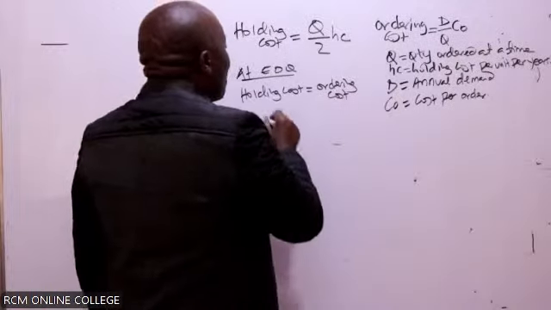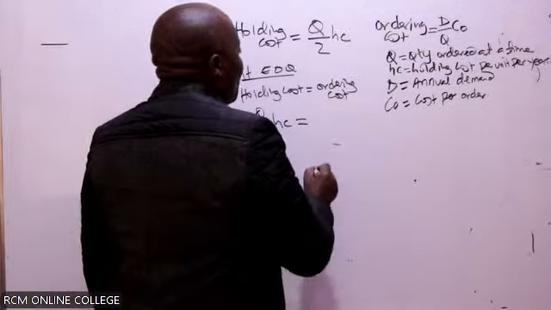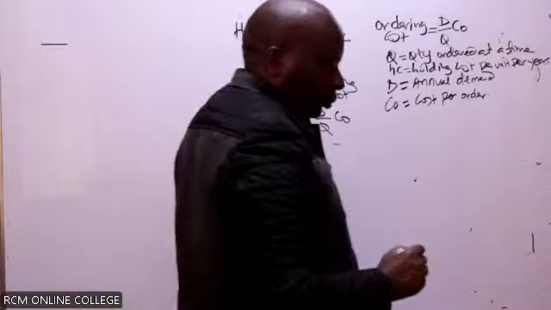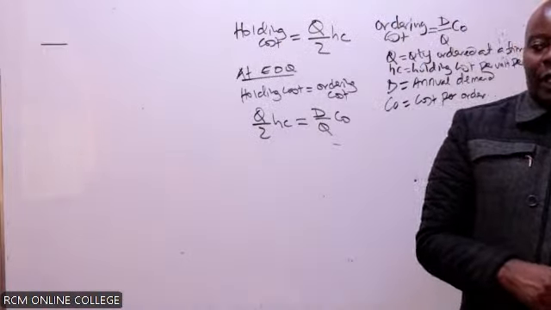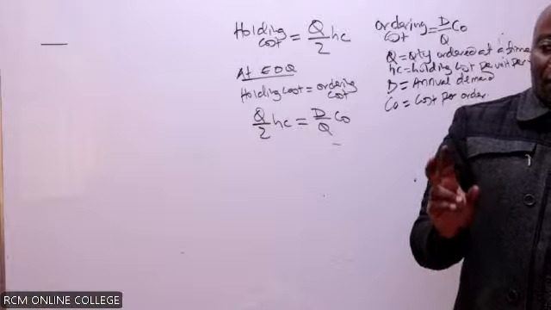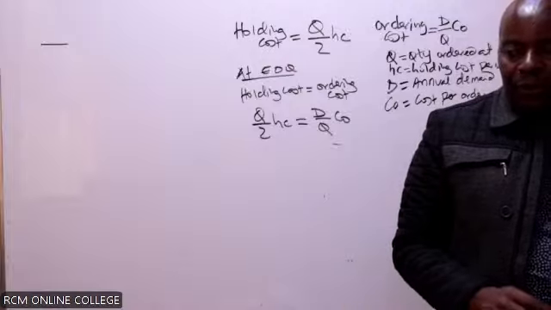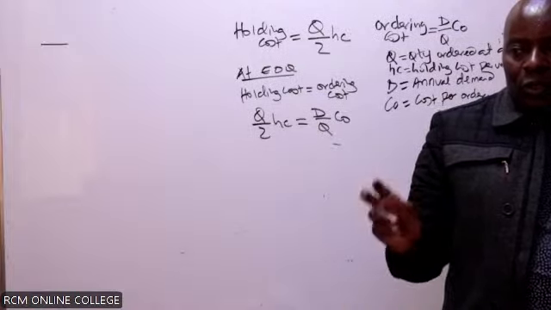The holding cost is Q over 2 HC, which will be equal to D over Q CO. So anytime we talk about economic order quantity, never forget that at EOQ, holding cost equals ordering cost. So it will be Q over 2 HC equals D over Q CO.